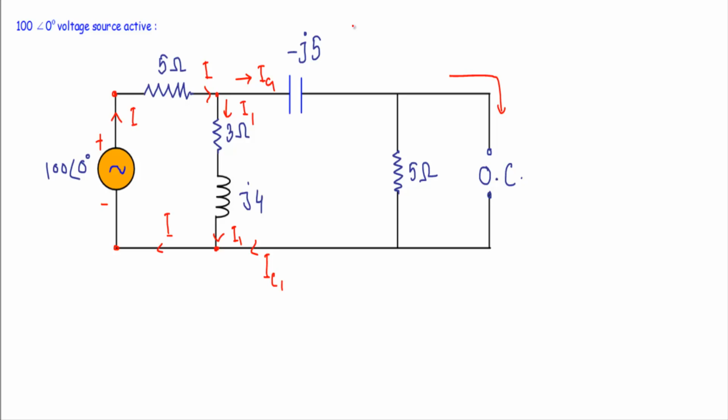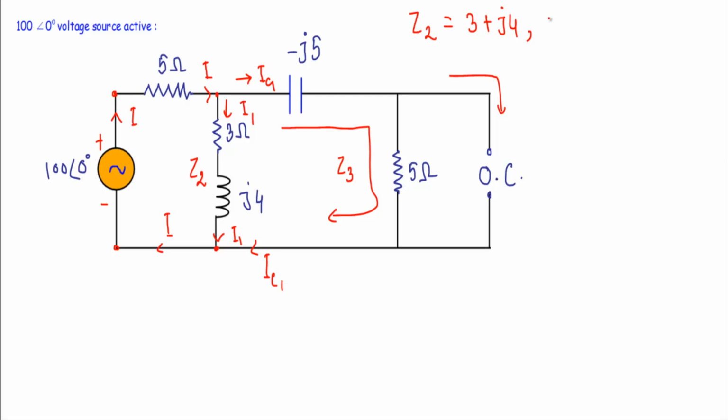Now see, from this point to this point in this branch, we have this 3 ohm resistance and the inductive reactance of J4. Therefore, in this branch our impedance will be, let's say, Z2. Here Z2 will be equal to 3 plus J4 ohm. And from this point to this point through this path, we have an impedance of 5 minus J5. Let's say I denote that impedance with Z3.